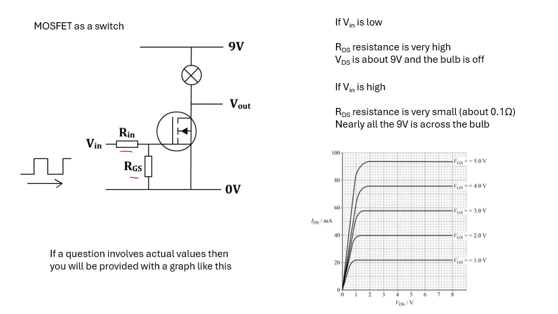If you get a question, then basically the transistor will either be off, which is in the cutoff region, or will be somewhere in the saturation region. And looking at that, you can take the value of the current, the value of VGS, and the value of VDS. So you'll be given this graph.